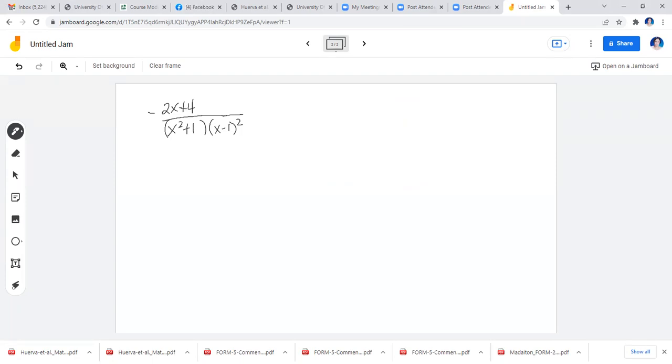Let me check if I have it correctly copied. Okay. Now, we will write the partial fraction. We have this quadratic factor, so we'll have ax plus b for its numerator. The denominator will be that quadratic factor. And you'll have your c over x minus 1 plus d over x minus 1 quantity squared.